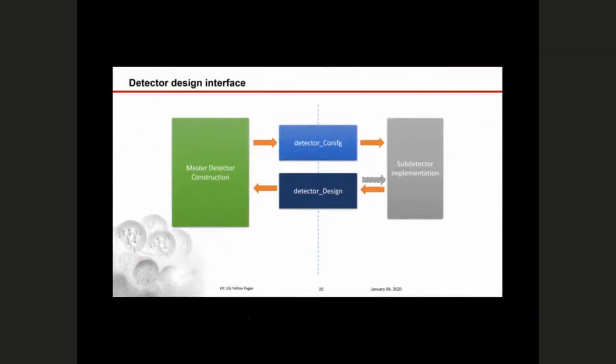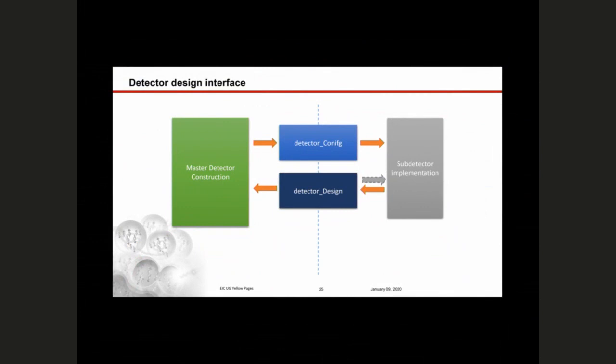On the left side we have our main detector construction, and we actually try to configure everything in it. On the right side we have a sub-detector implementation. And this line in the middle says that they don't have to know about each other. So, for example, there's going to be the full library of Yaroslav, right?